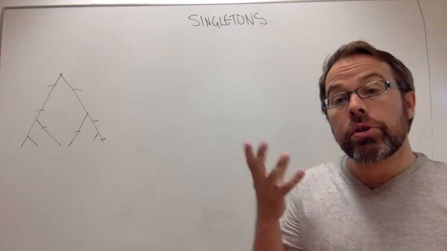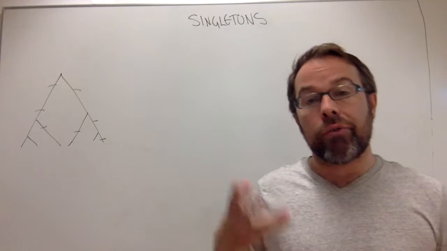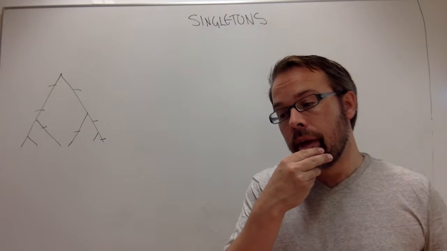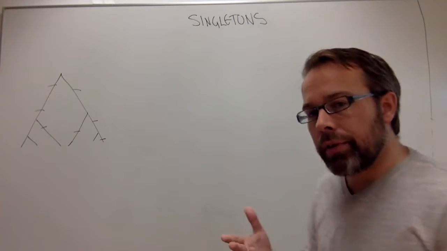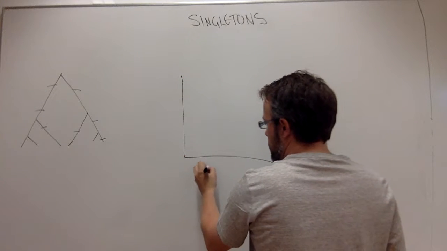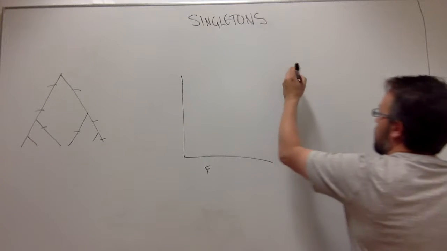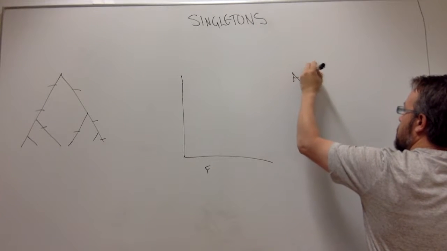Okay, so a major thing that we can do with the coalescent is to look at the distribution of frequencies of mutations. So we'll often see this written in terms of the frequency of the rare allele. So let's start with some sequences.